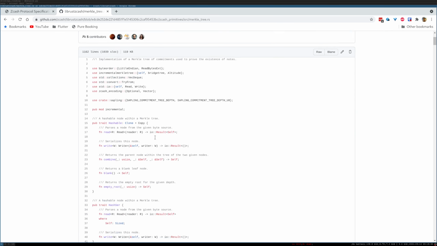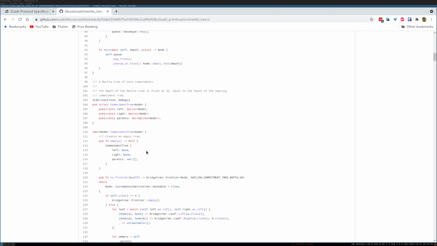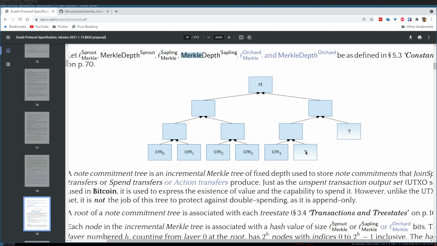Commitment tree is a struct which only contains a left node and a right node. So these are type nodes, and option here means that this is either a node or nothing, no node. So the none value is when you don't actually have data, right?